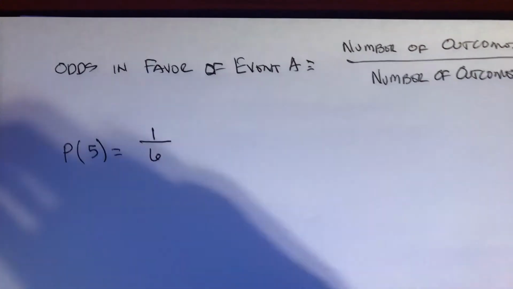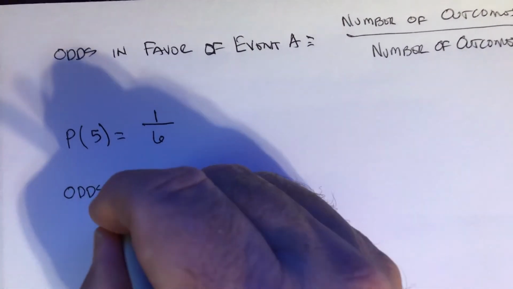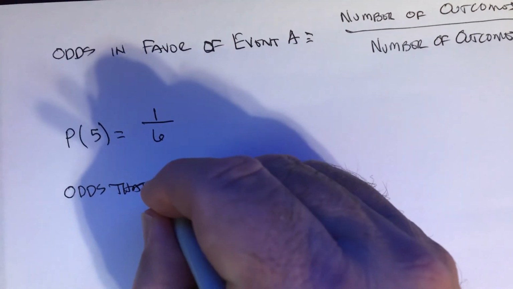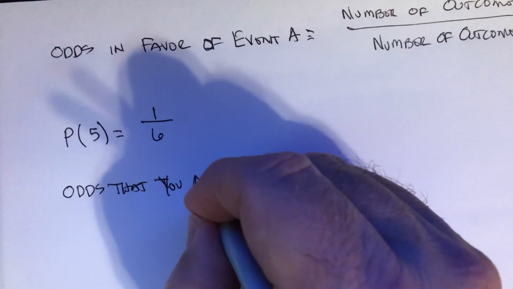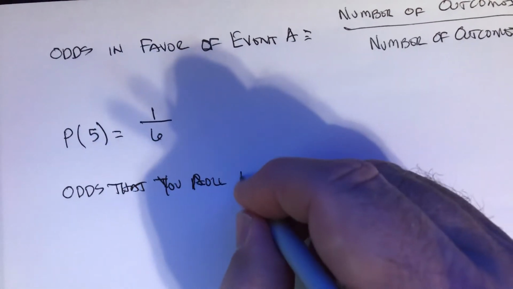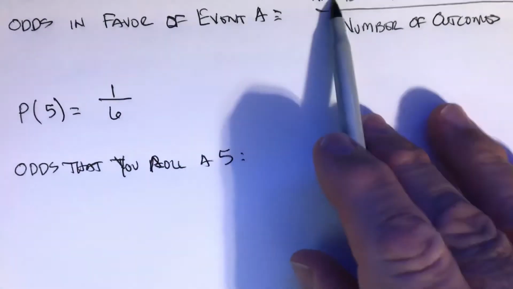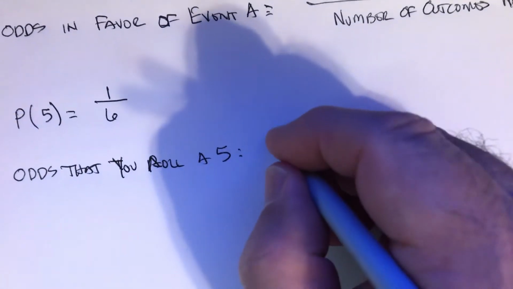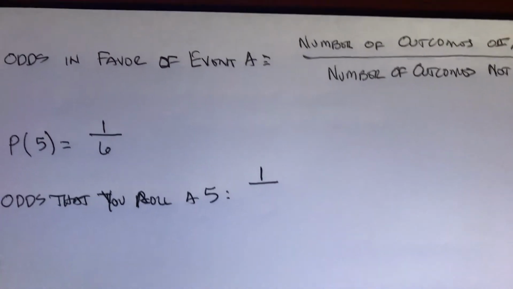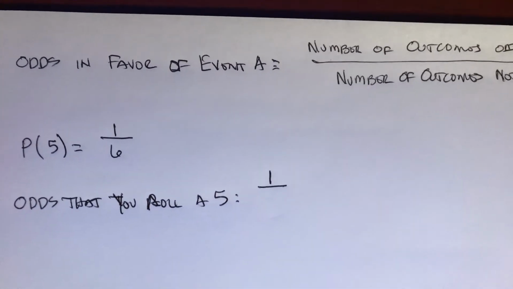Now let's talk about this. What are the odds that you roll a die and get a 5? Well, the odds are the number of outcomes of A, there's only 1, a five.